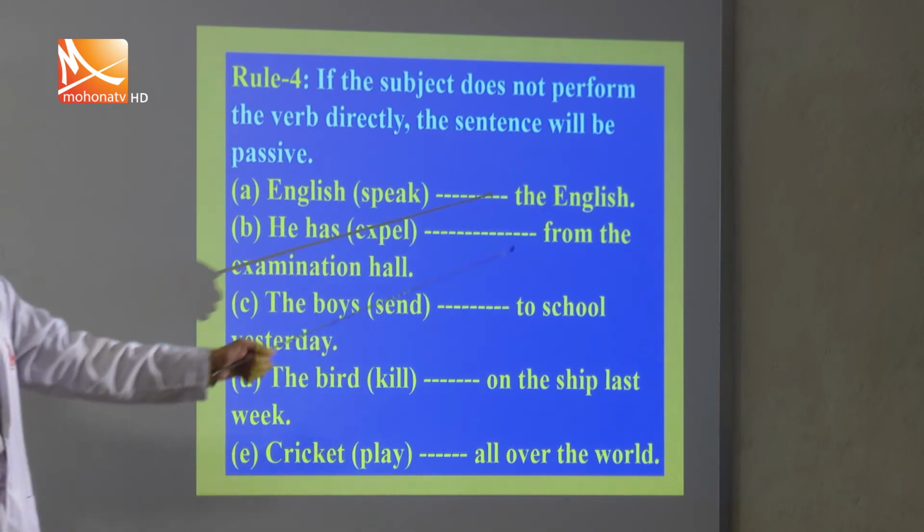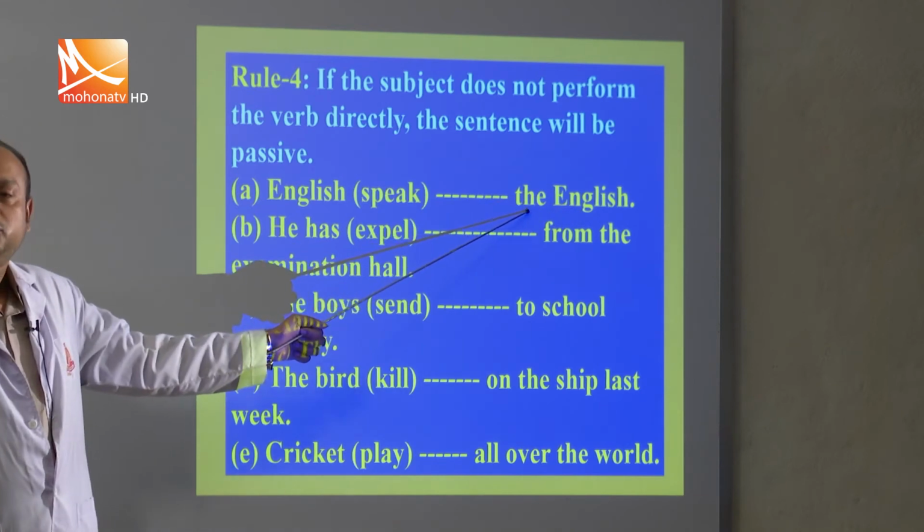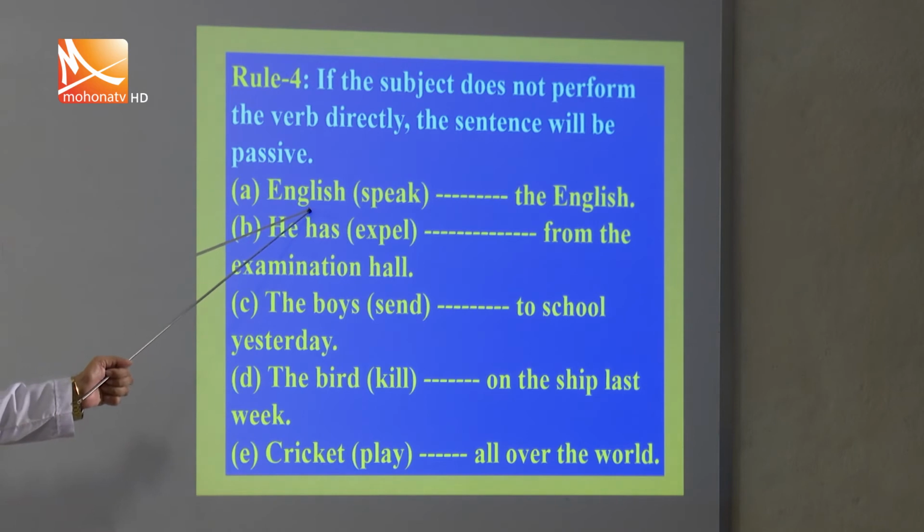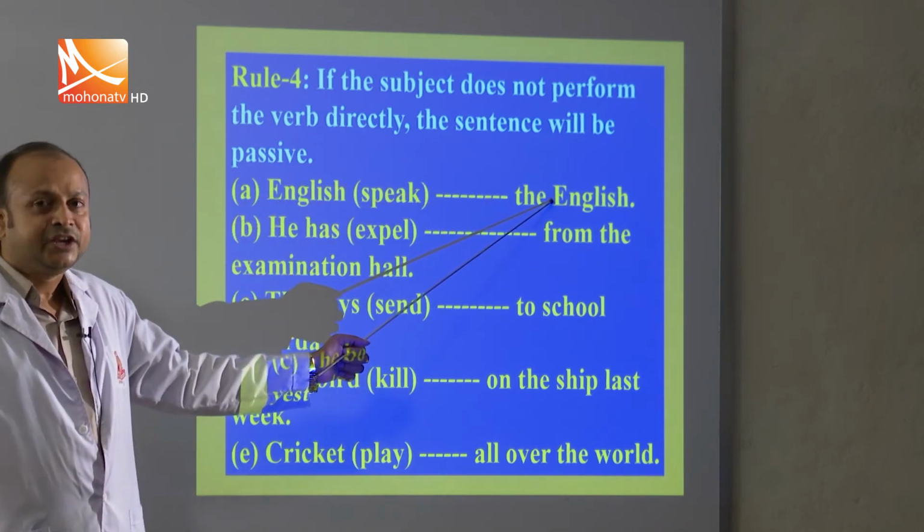So, if the word English takes the, it will be the English nation, and if English is bare or does not take any article the, it will be known as English. This is the English language and this is the English nation.